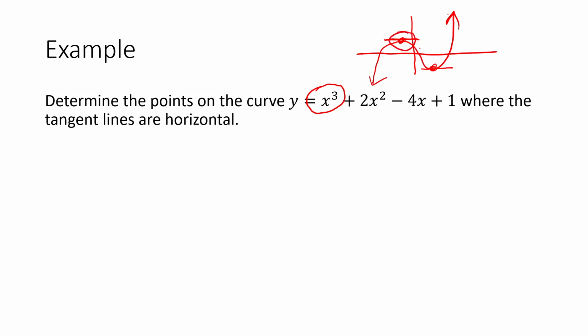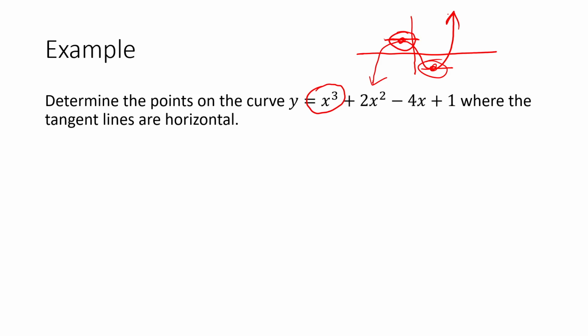In other words, one's the top of a hill and one's the bottom of a valley. So that local maximum and that local minimum, and this is often the case, both have horizontal tangent lines. So if we can find out what those points are, we're going to know the local max and the local min. We're going to be able to draw a pretty decent graph.